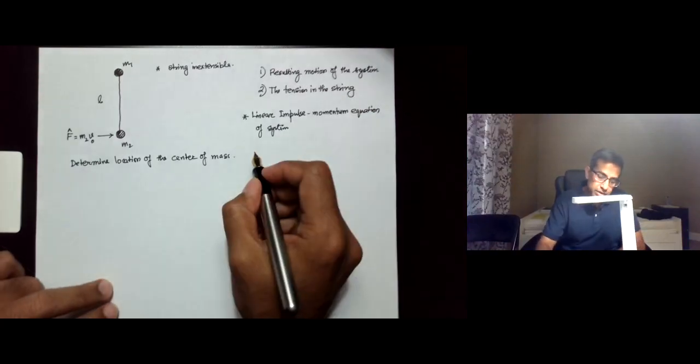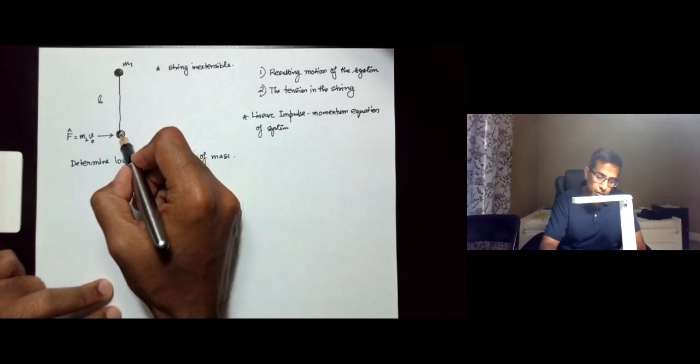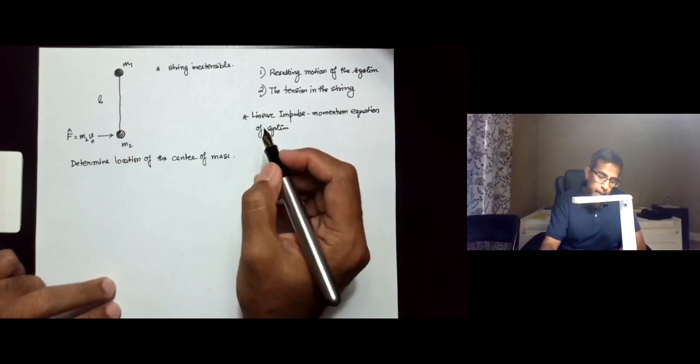To find this location, we can measure distances, let's say, from M2 towards M1.